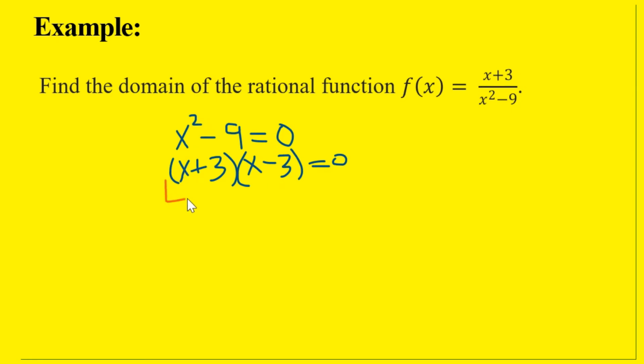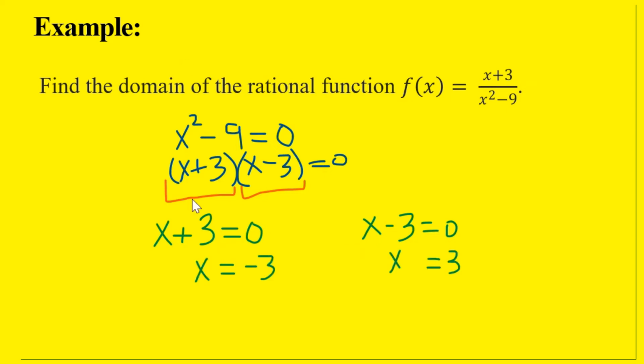Now we want to take each of the factors, set them equal to 0, and determine what's going to make that denominator 0. So we take each of those factors separately, set them equal to 0, and now we can solve for x. Therefore, we get x to be negative 3 and positive 3. Those will be the two values of x that will make our denominator 0.